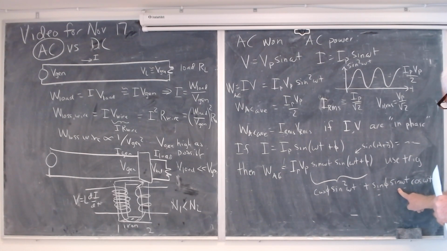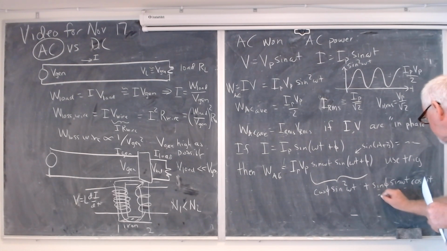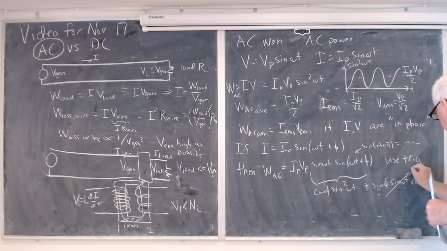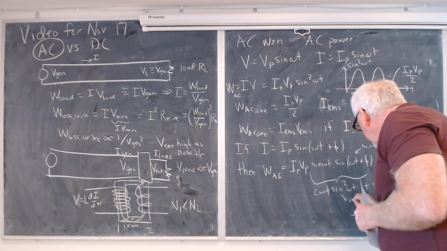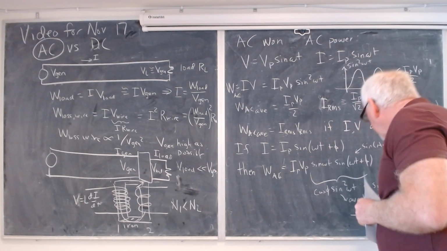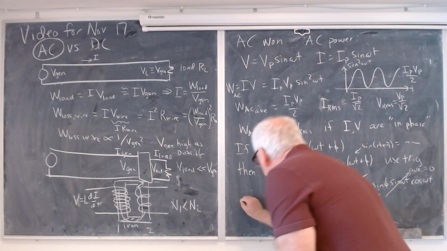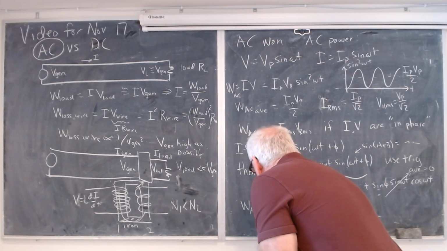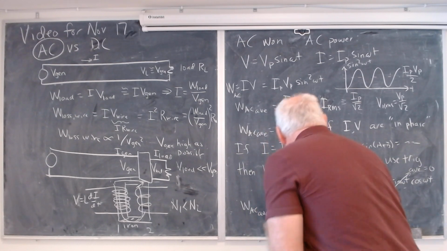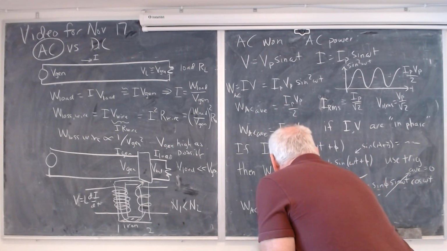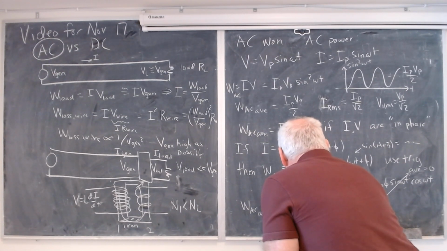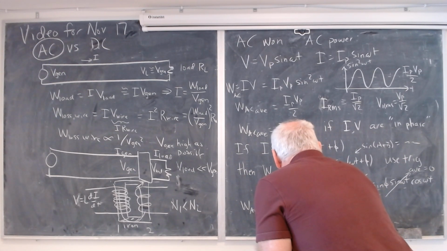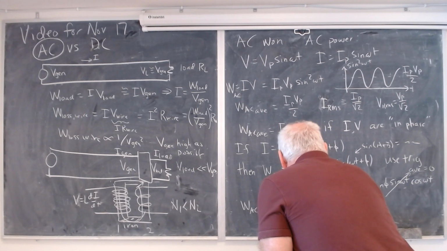Now this is sines and cosines, so this averages to 0. This, we already know the answer. This averages to 1/2. So that means the W AC average is equal to cosine phi times IRMS VRMS.